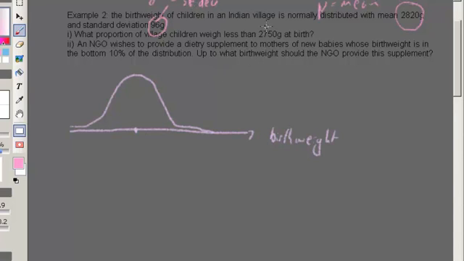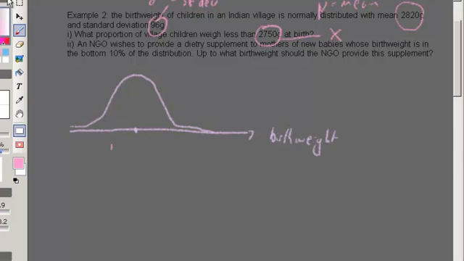And this number here, this is the level we're particularly interested in. This is our cut-off level. We want to find out how many people are below that. In other kinds of problems, you might want to work out how many people are above it, but here we want to know how many are below that, and that's usually just referred to as x or some letter like that. And that's all the information we need, I think. So we can label this on here as 2820.